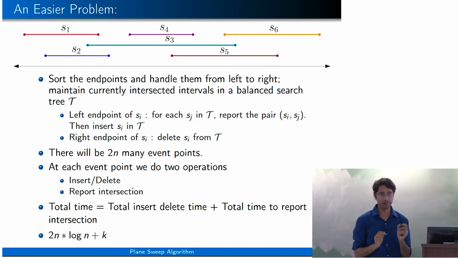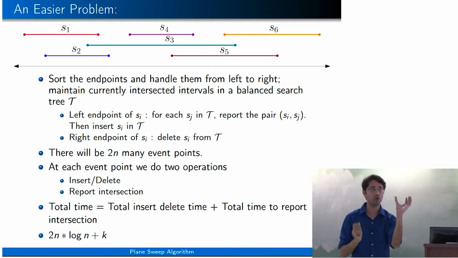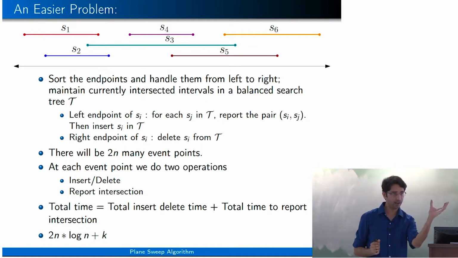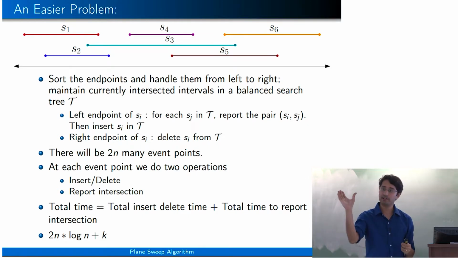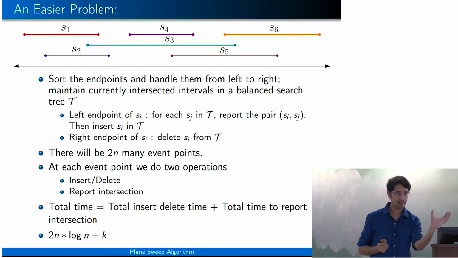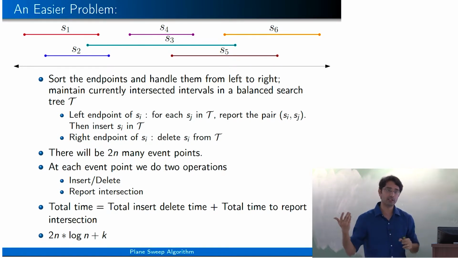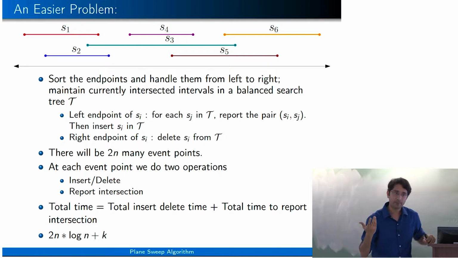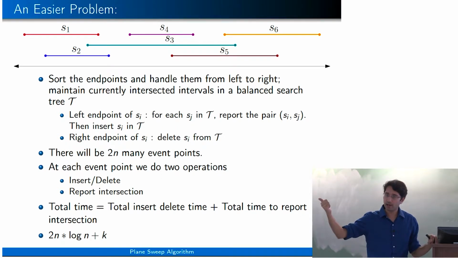So, I have two components. In my ideal situation, one is n log n and another is k. What is k? K is the output size. So, here I am doing a charging argument. A few operations I am charging on the n log n part and a few operations on the k part. Whenever I report an intersection between two line segments, I charge that on k.